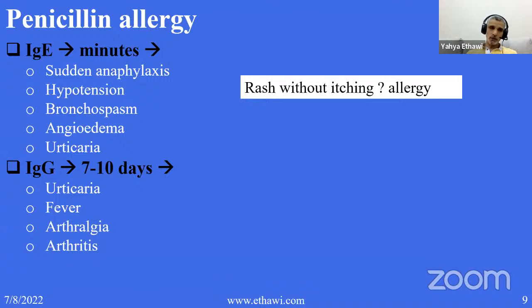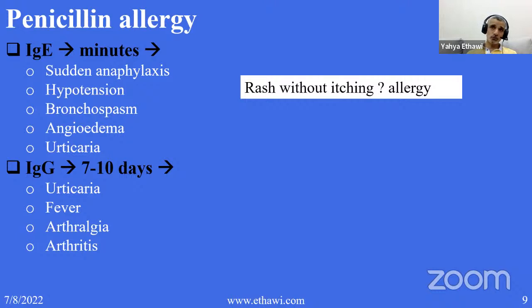But when we say allergy, it's either immunoglobulin E mediated or immunoglobulin G mediated. If it's IgE, it's usually associated with other symptoms, such as respiratory, GIT, or cardiovascular involvement. So they present with hypotension, bronchospasm, angioedema, urticaria, in addition to the rash and maybe itching and edema.